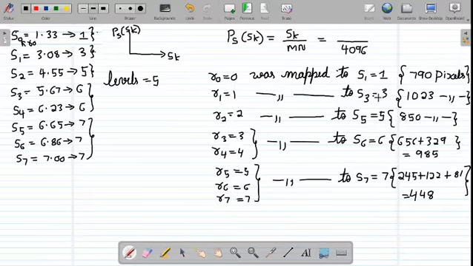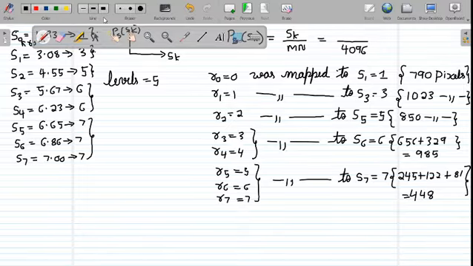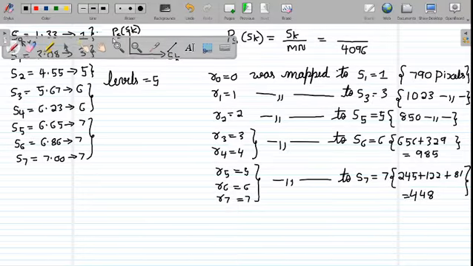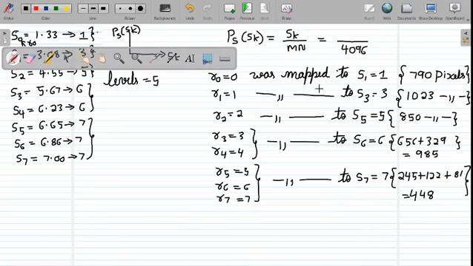So now you know the number of pixels, that is the number at each SK. Now you can find the probability of this. So first let us find the probability of S1, that is PS of S1.